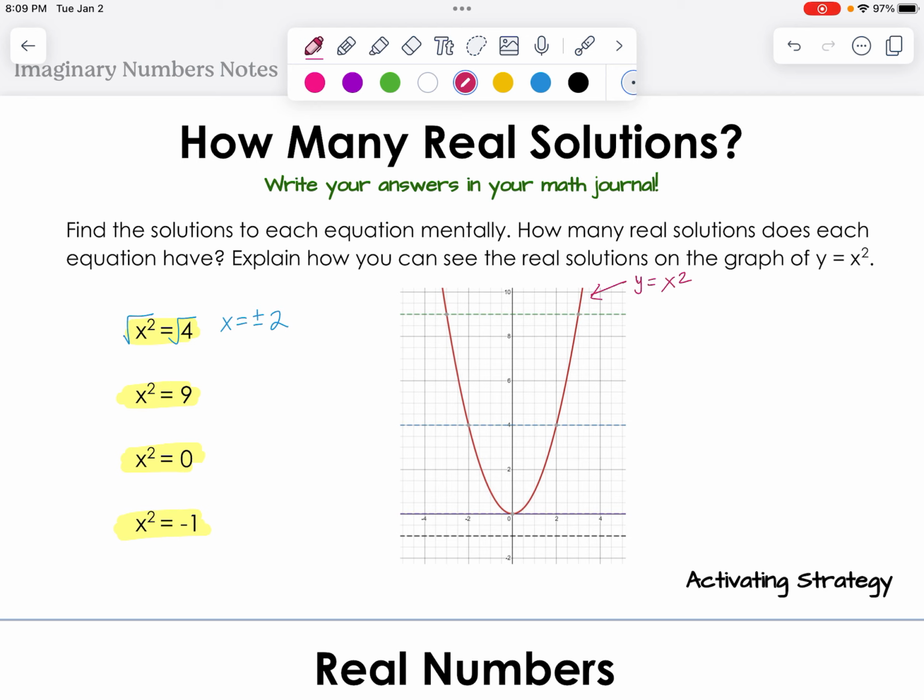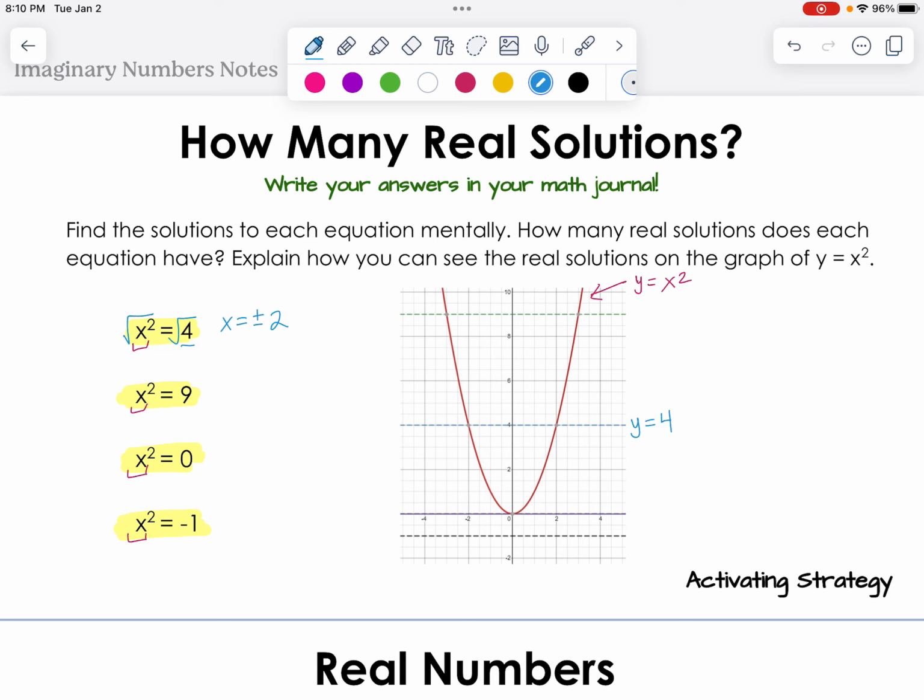So for all four of these equations, x squared is the left side of the equation, and it is represented by the red parabola. But then each x squared is equal to a different number. For example, the first one we just did was equal to 4. Well, on this graph I actually see a line at y equals 4.